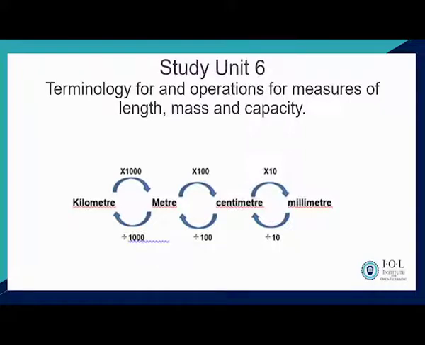So 0.1 times 10 is 1. So if you see there on top, the comma moves to the right. If you divide it, 1 divided by 10, it's 0.1. So the comma moves left. So for multiplication, the comma moves right, and below for division, it moves left. That is very important. Make sure you know that.